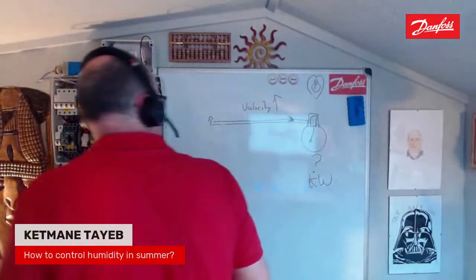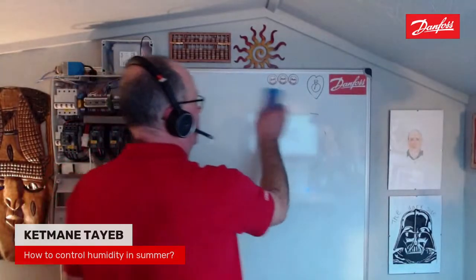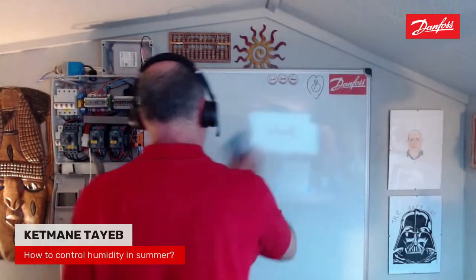A question's come in from Ketamane, if that's the right pronunciation, apologies. How to control humidity in summer in a cold room? It's interesting regarding humidity, because some people imagine, and I might have a slide somewhere on here. There we go.